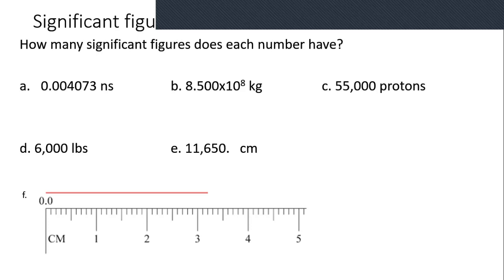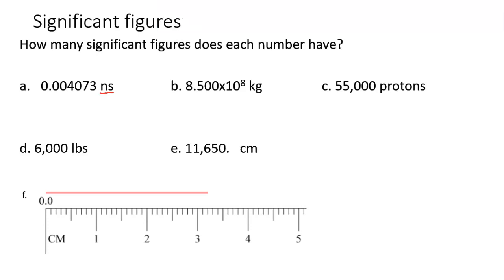So here in the first number, we have 0.004073 nanoseconds. We want to know how many significant figures this number has. Since it's nanoseconds, it's a measured quantity, time, so you have to measure it. These zeros in front of the first non-zero number are insignificant because those are called leading zeros.